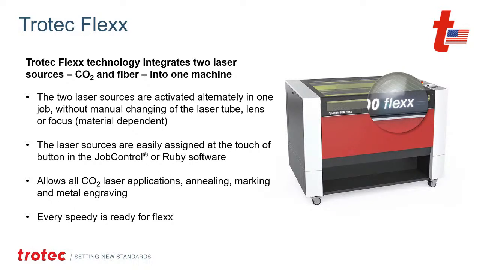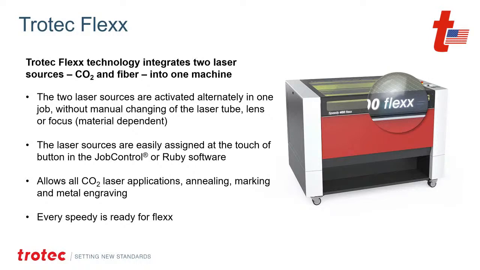This machine is kind of the best of both worlds when you want to be able to do the highest variety of materials on the planet, because it supports both CO2, which encompasses about, I would say, close to 80–85% of all materials on this planet, where the fiber laser will incorporate an additional 10 to 12%, giving you the majority of all materials out there. And so this combination of the Flex unit allows the two laser sources to be activated alternatively in one job, or they can be done independently, allowing you the diversity of materials.